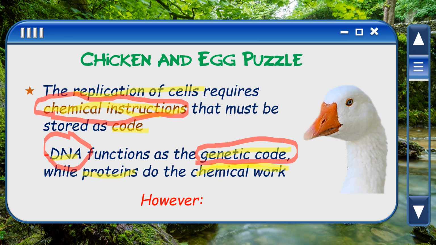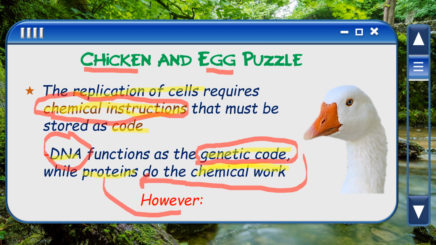Now, where is the problem arising? Remember, we are looking at the chicken and egg puzzle. DNA has the genetic code, which is going to help in the production of proteins. The proteins are the ones that are doing the chemical work. This chemical work is going to result in new cells. The new cells are going to contain the DNA.